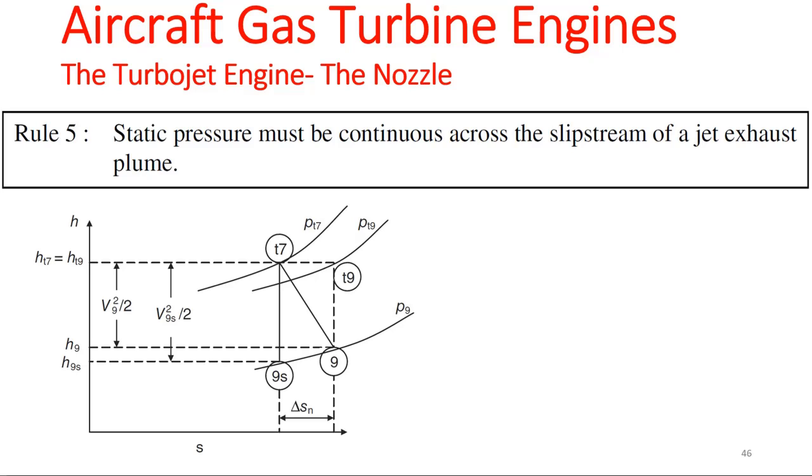No, of course. In reality, it is not an isentropic process because of all the losses. So we can calculate the efficiency by comparing the actual process that is happening here with the isentropic process.